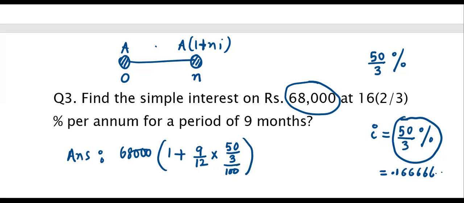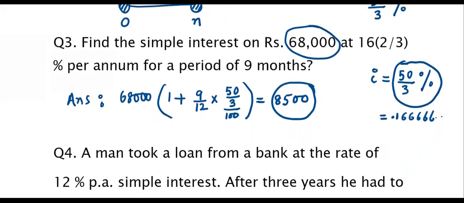Even if you write this way, there will be some error because it's not completely divisible. Check that, it's 8,500. Next problem.